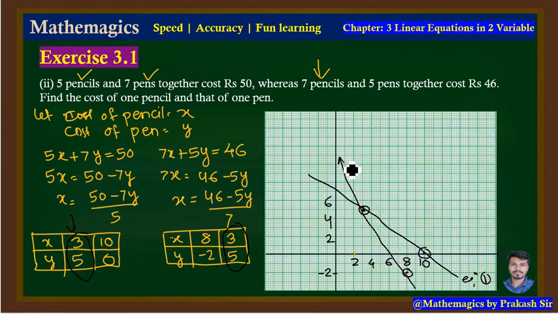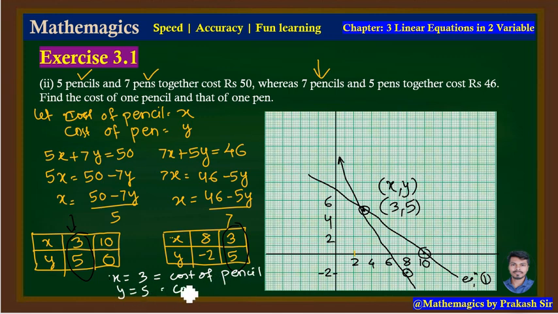And obviously I am getting the same point of intersection, that is 3 comma 5, which is again written as x comma y. So dear friends, we obtained the values of x and y. Here the value of x is equal to 3, which is the cost of a pencil, and the value of y is equal to 5, which is the cost of a pen.